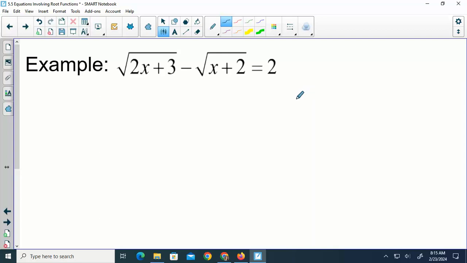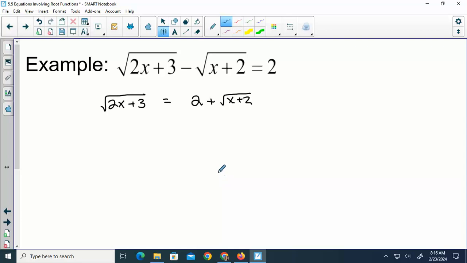However, if I start squaring from here, what will I have to do on the left side? And to square that, we have to FOIL with all those radicals, which we can do, and we're not going to be able to completely eliminate that. However, it's probably easier to square with only one radical on the side. So this is going to be a problem where we're going to have to square a couple different times, but it's easier to get rid of one at a time.